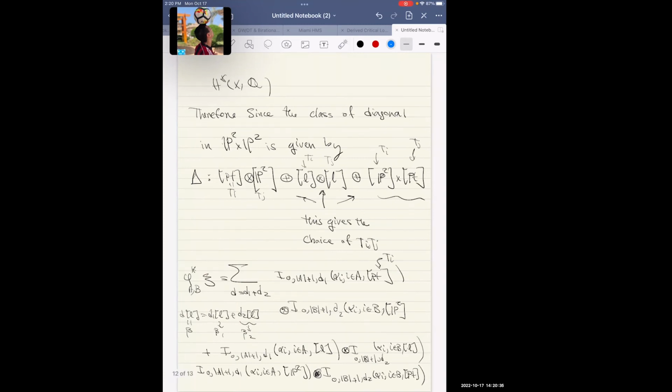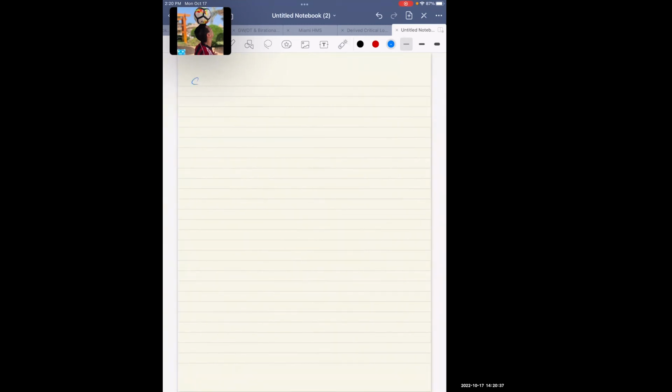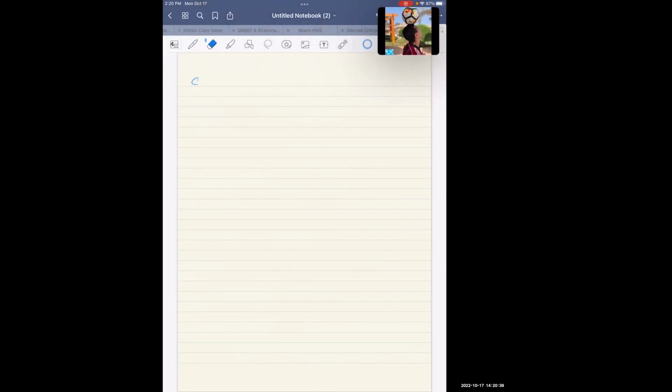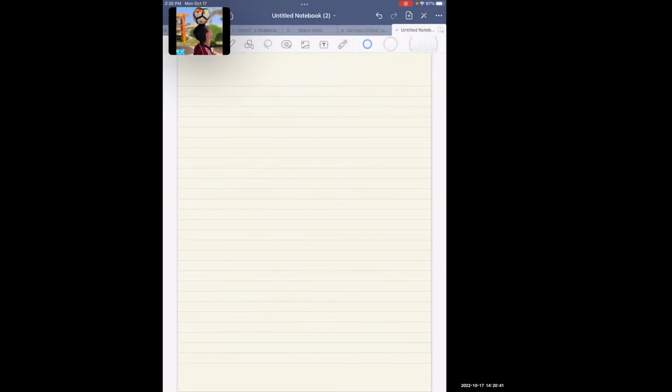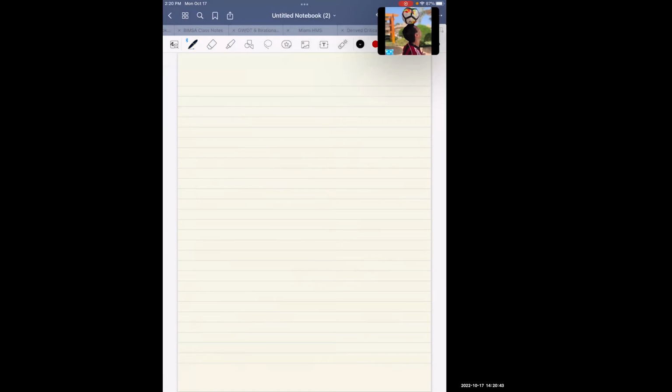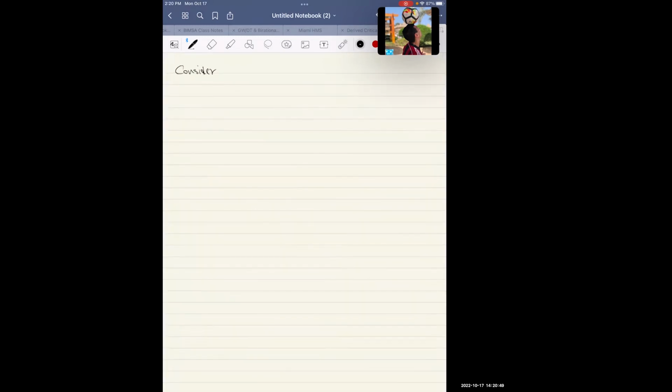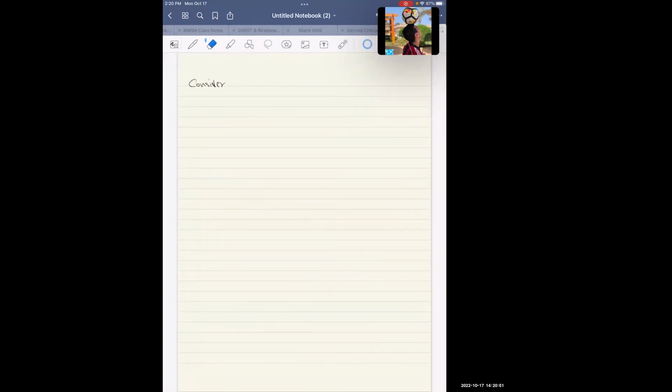Okay, so now consider, essentially we are calculating, let's put it this way, after intersecting with divisors.